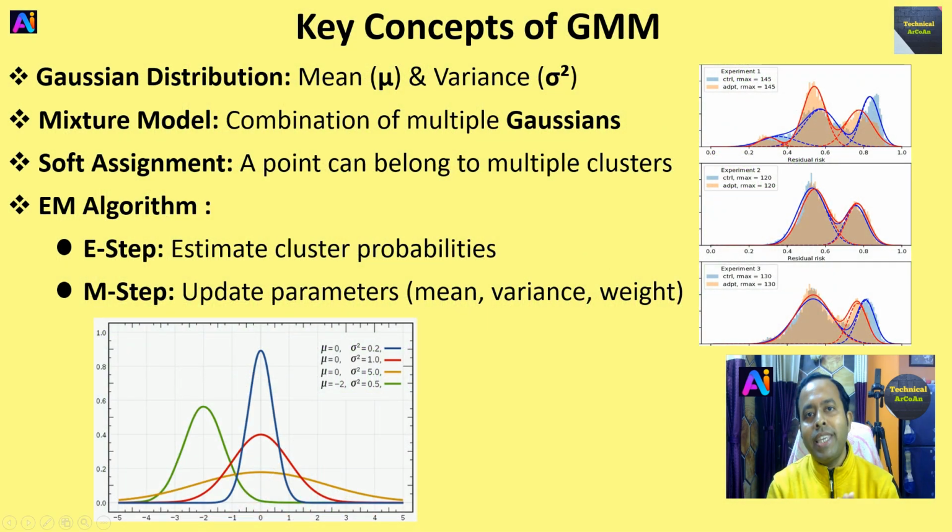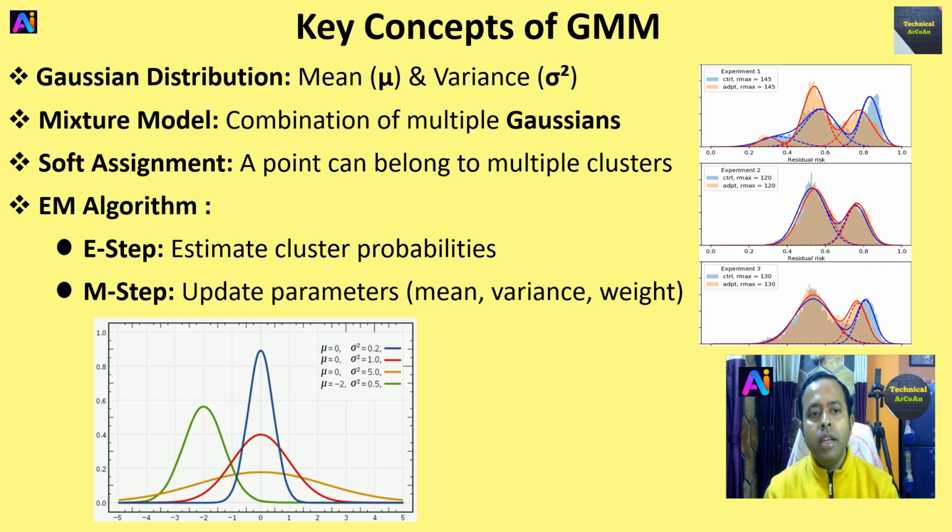So in the picture just given, the bell shape is here, okay? Now we should know the key concepts of GMM. Gaussian distributions have two parts, one is the mean and the other is the variance. Mean is given by mu and variance is given by sigma squared, okay? Mixture model: combination of multiple Gaussians. Soft assignment: a point can belong to multiple clusters. And EM algorithm means the expectation and maximization algorithm.